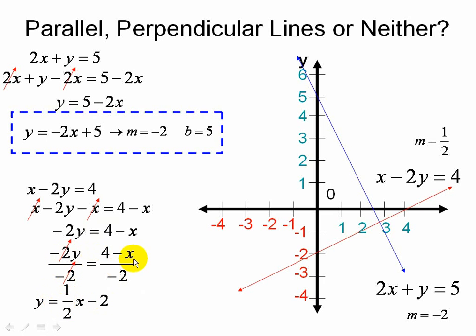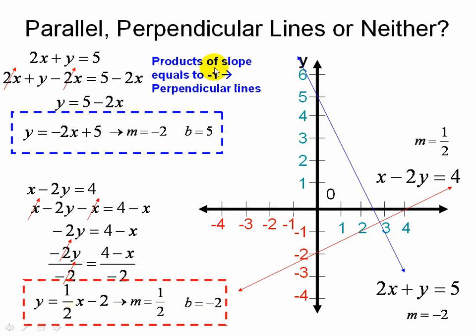Now the 1/2 x came from here, where we divide negative x by negative 2, which is the same thing as a positive 1/2 x. Then 4 divided by negative 2 yields negative 2. Now since this is already in slope-intercept form, we say that it has a slope of 1/2 and a y-intercept of minus 2.